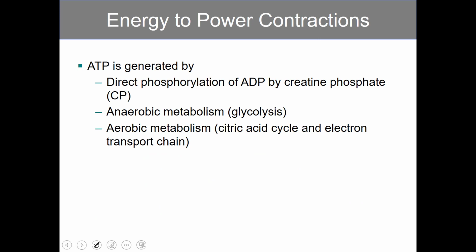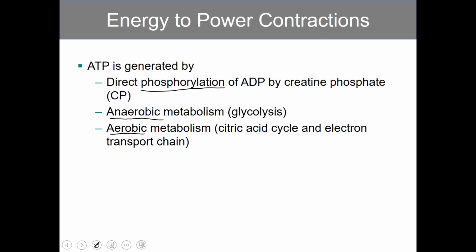So, when we look at the generation of ATP by skeletal muscle fibers, we have direct phosphorylation. Phosphorylation is just the adding of that high-energy phosphate group to ADP by creatine phosphate. The other two mechanisms that generate ATP include anaerobic and aerobic metabolism.